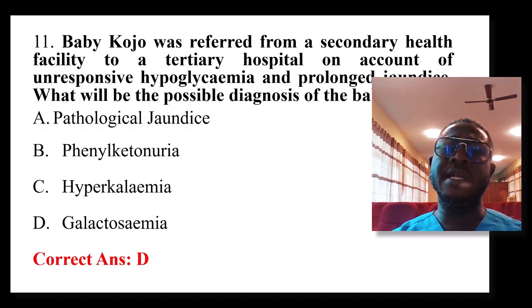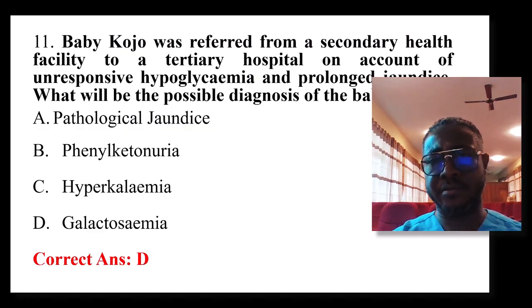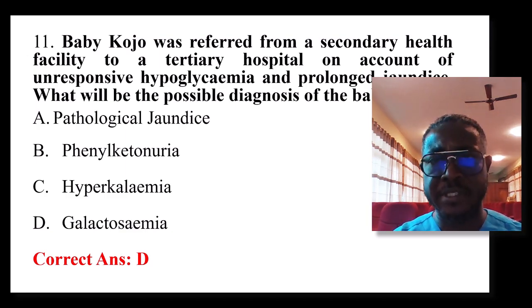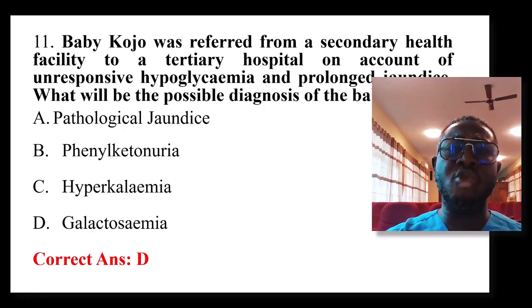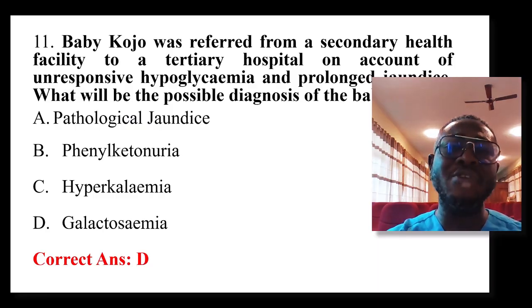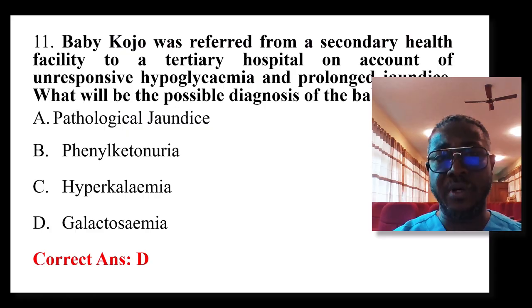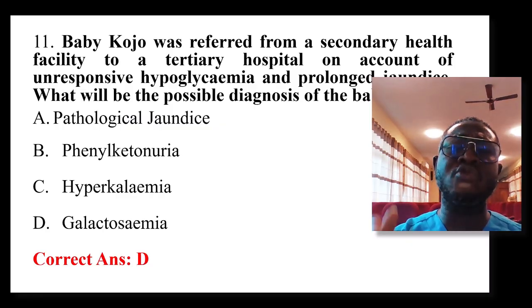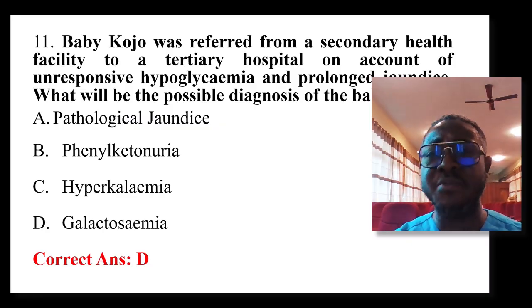Now, conjugation of bilirubin in the liver is done by an enzyme known as glucuronidase transferase. But this enzyme can only conjugate bilirubin in the presence of adequate oxygen and glucose. This patient is not having glucose but only galactose, and that is not what the liver needs to conjugate the unconjugated bilirubin.